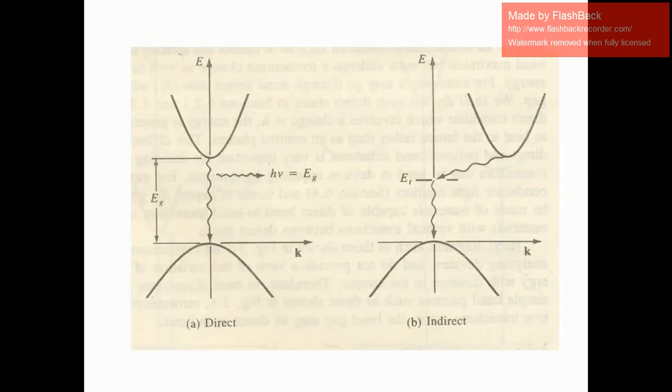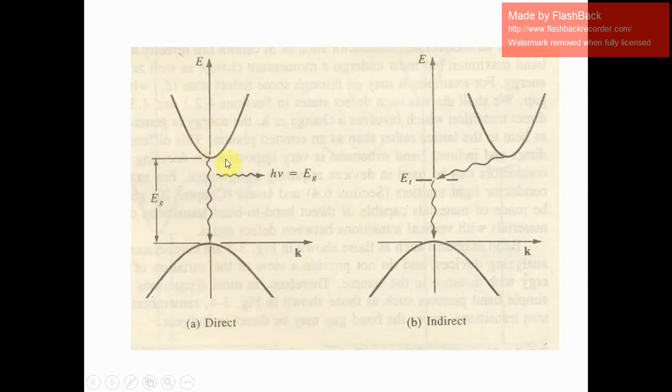In the real case, E is proportional to k squared. There is a parabolic curve in this band diagram.